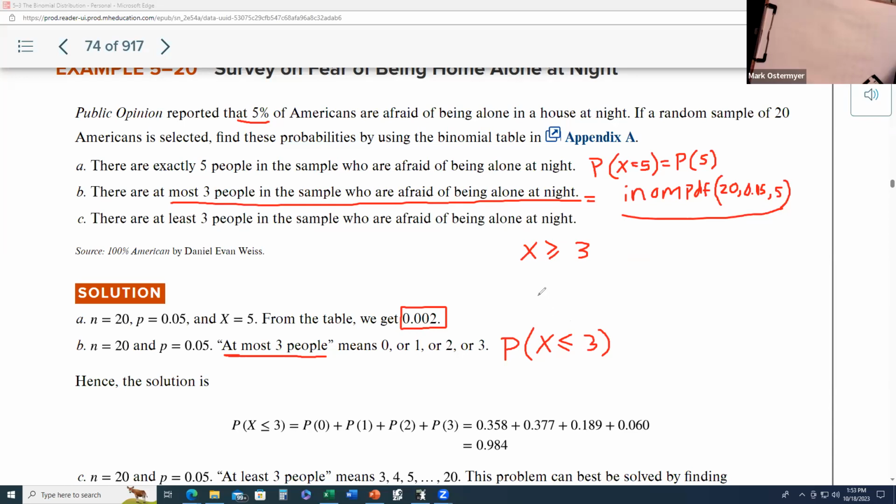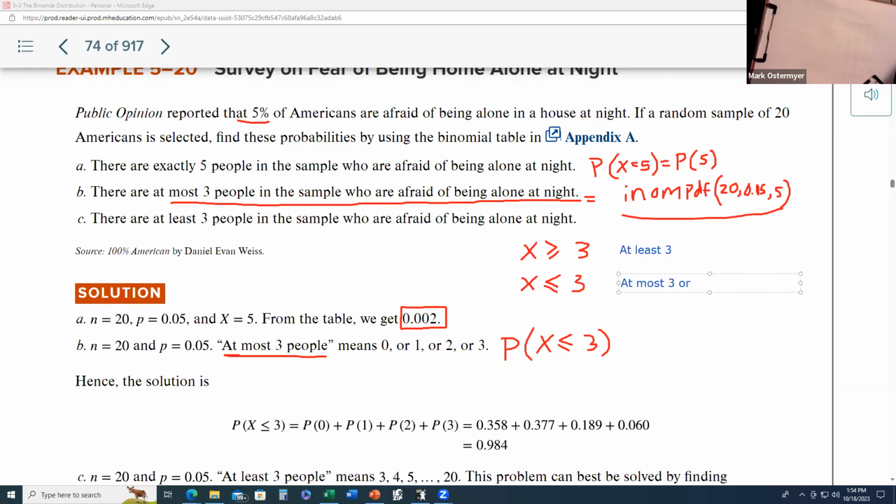What would it mean to say no more than 3? No more than 3. That would also mean what? X is less than or equal to 3. These are so important. I'm going to type this out here. So this would be saying at least 3. This one would be saying at most 3.